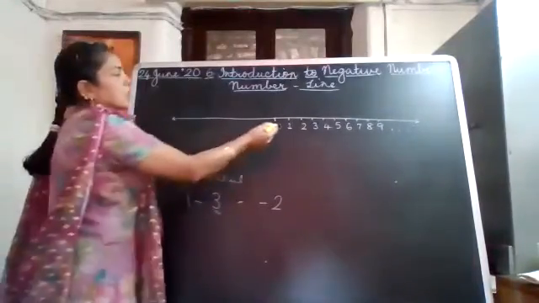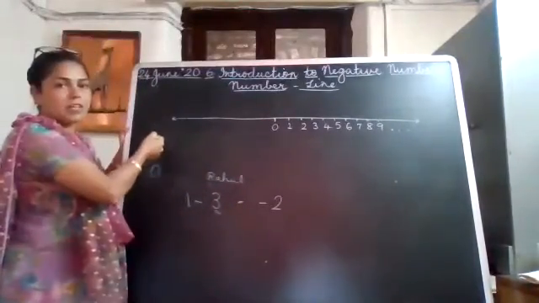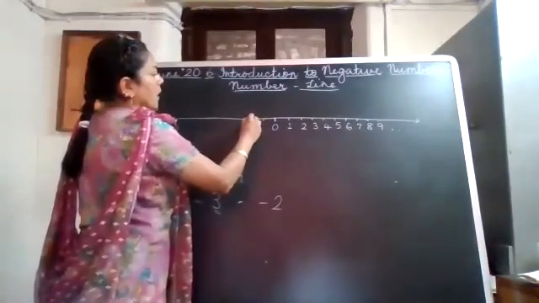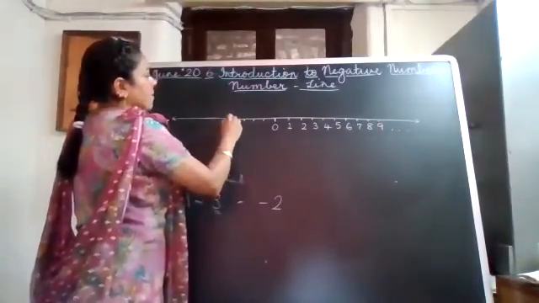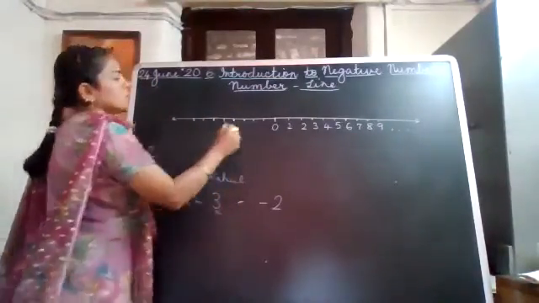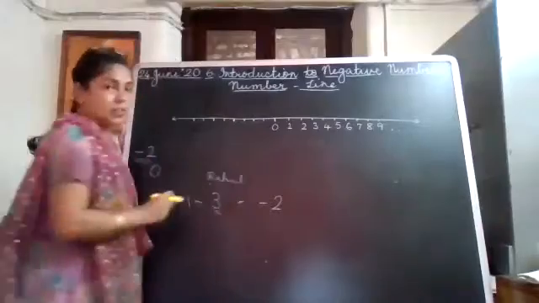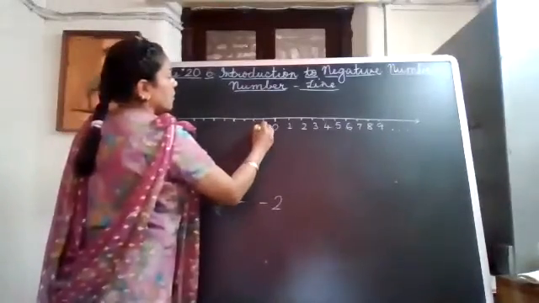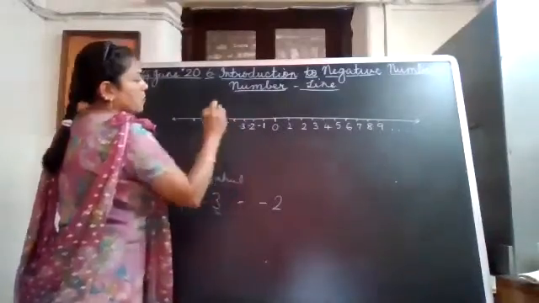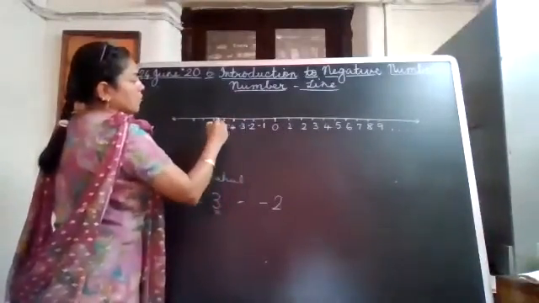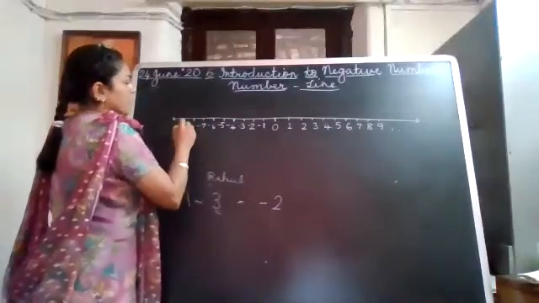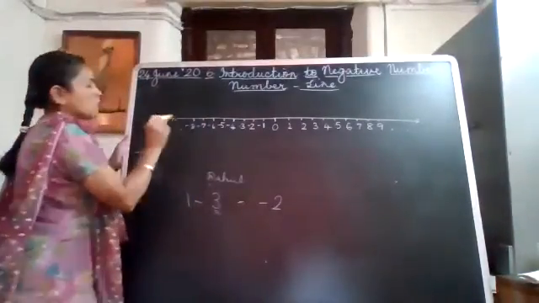The number line, you need to continue towards the left of 0. Again, at an equal distance between them, you write these numbers to the left of 0. So how do you show them? -1, this will be -2, this will be -3, this will be -4, -5, -6, -7, -8, and so on.